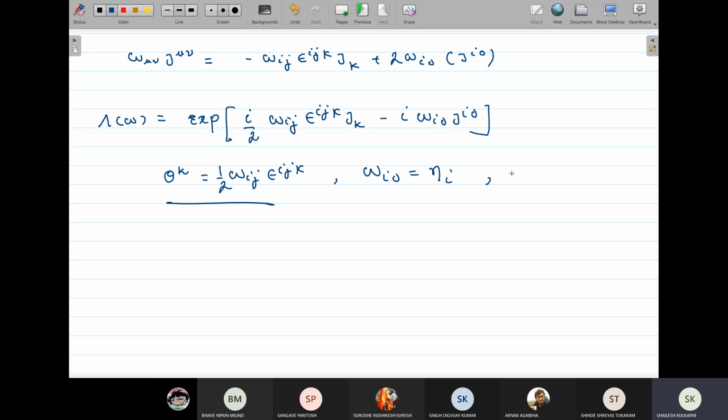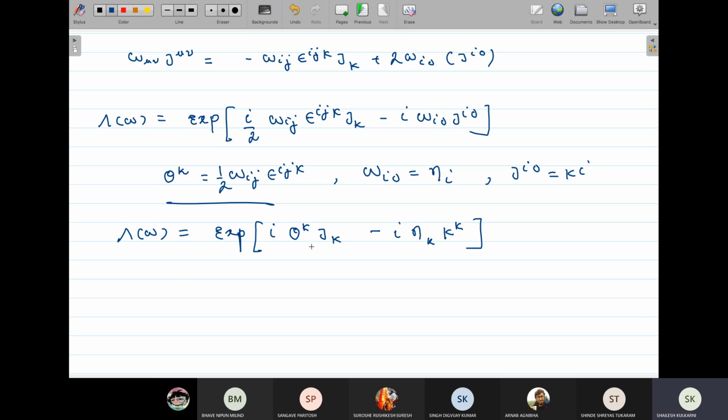By noting that ji0 is equal to ki, I get lambda omega equal to exponential of i times theta k jk, minus i times eta i ki.